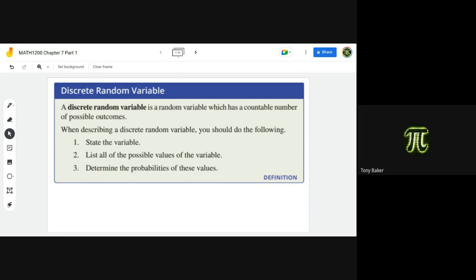So you should be able to list or count exactly how many outcomes there are. A deck of playing cards is a discrete random variable because I know exactly how many of them I have.